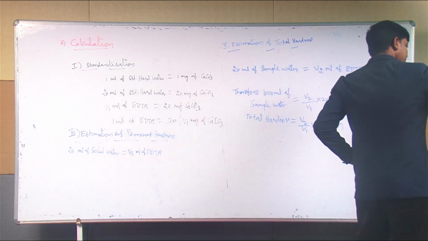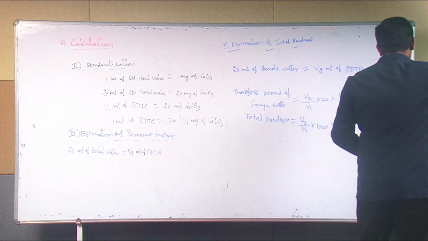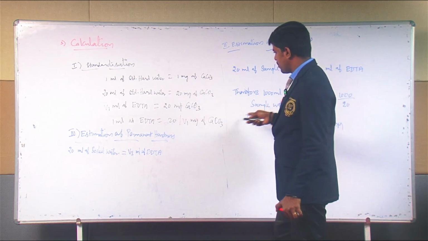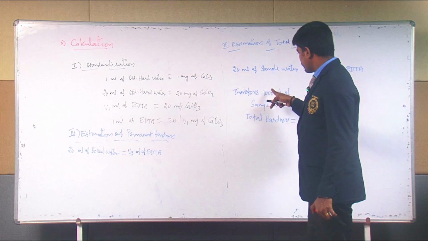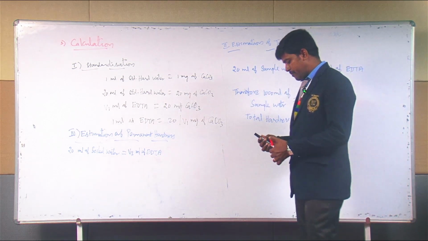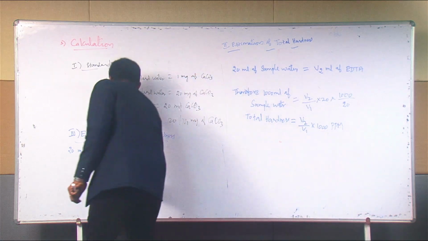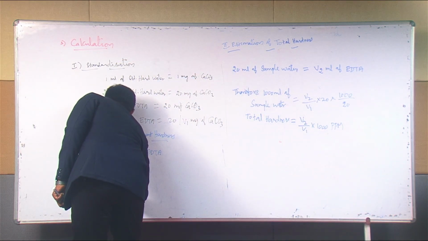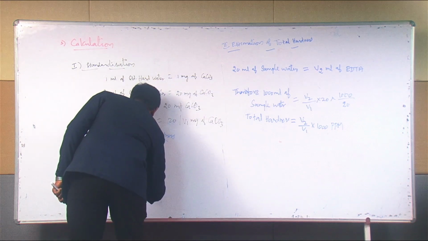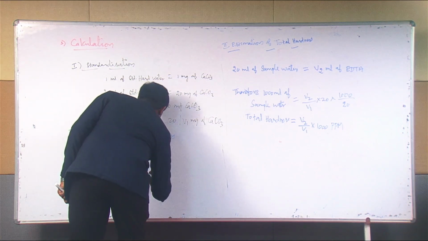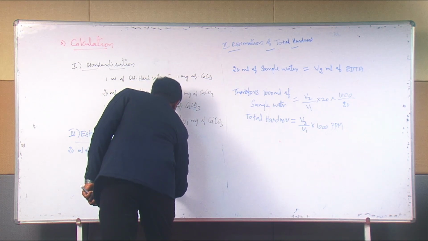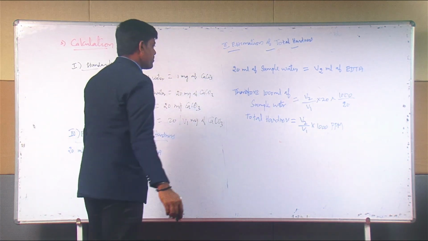The same calculation that we have discussed here will be followed. Instead of sample water, here we need to substitute boiled water. Therefore, 1000 ml of boiled hot water requires V3 by V1 into 20 into 1000 by 20.